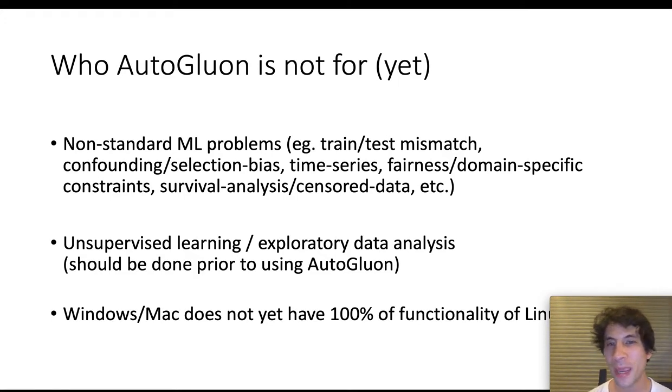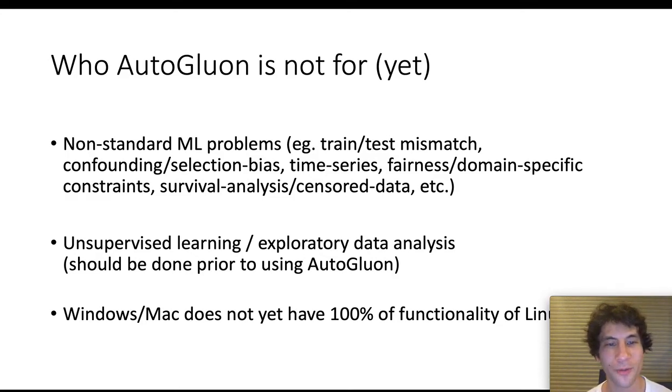Likewise, if you have domain-specific constraints, such as fairness constraints that require some domain-specific knowledge, such as what are sensitive features, what features should we be cautious about, there's not really an easy way to encode that into AutoGluon at the moment. And finally, if you have data that has, say, censoring or some other quirky properties, again, this is not the tool for that, at least as of this moment.